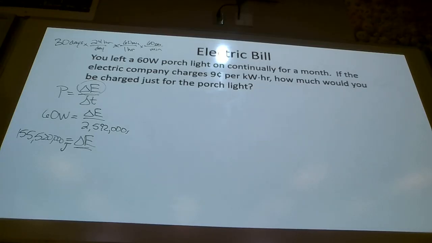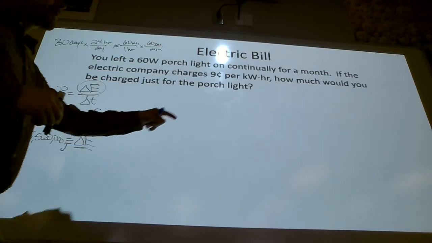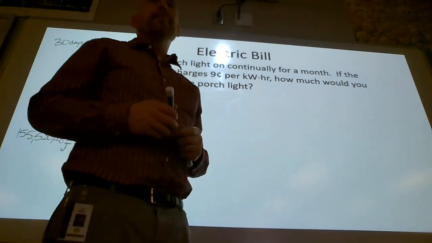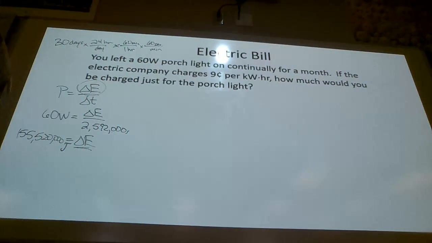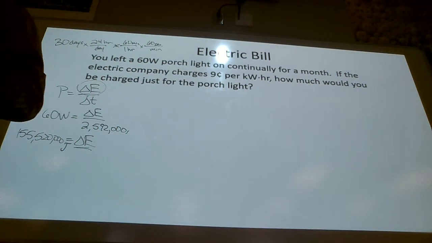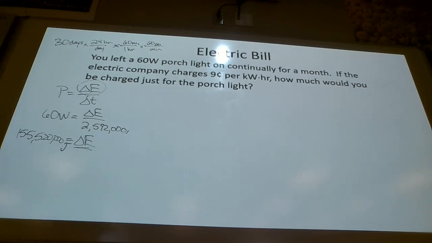Okay. So the unit that they came up with is called the kilowatt hour. Kind of has the same flavor. Remember we were talking about amp hour yesterday? Kind of has that same flavor.